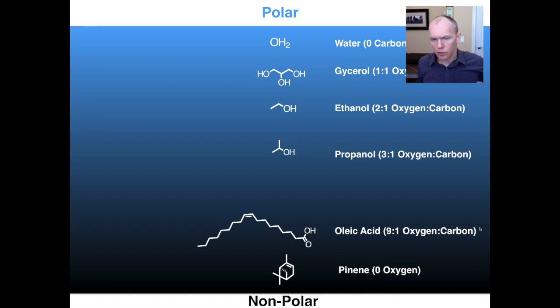Oleic acid, which olive oil contains, is usually oleic acid bound to a glycerol backbone. The basic ratio of a free fatty acid like oleic acid is about 9 carbons to 1 oxygen, because there's 18 carbons and 2 oxygens. Now, the polarity of the OH here is different than the polarity here, but they're still polar, okay?